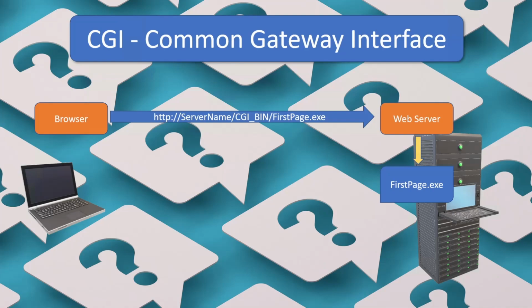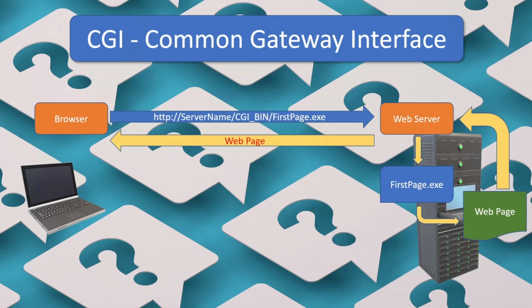Multiple copies of this application could be running at one time. This application produces the web page. This is passed back to the web server application, and the CGI application then terminates. The web server then in turn passes this web page back to your browser.